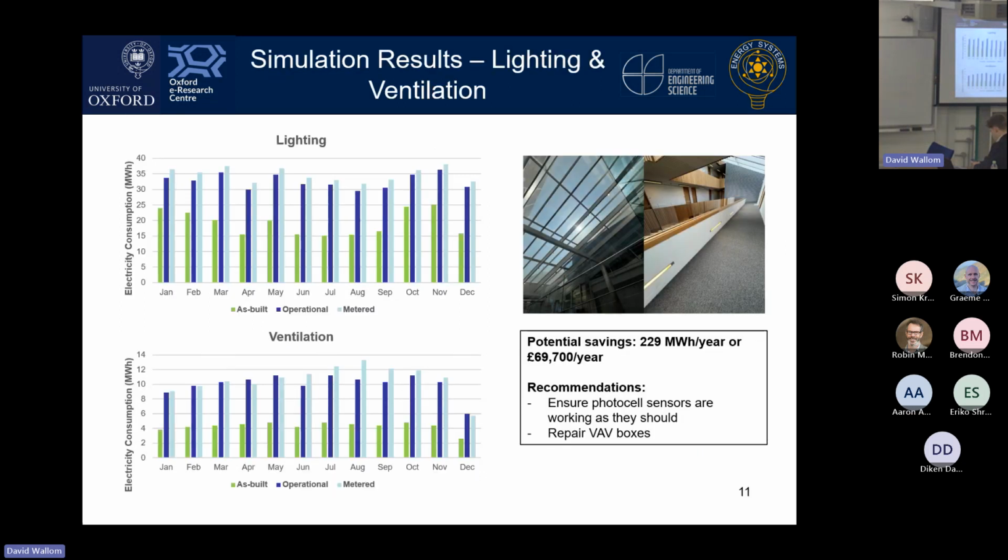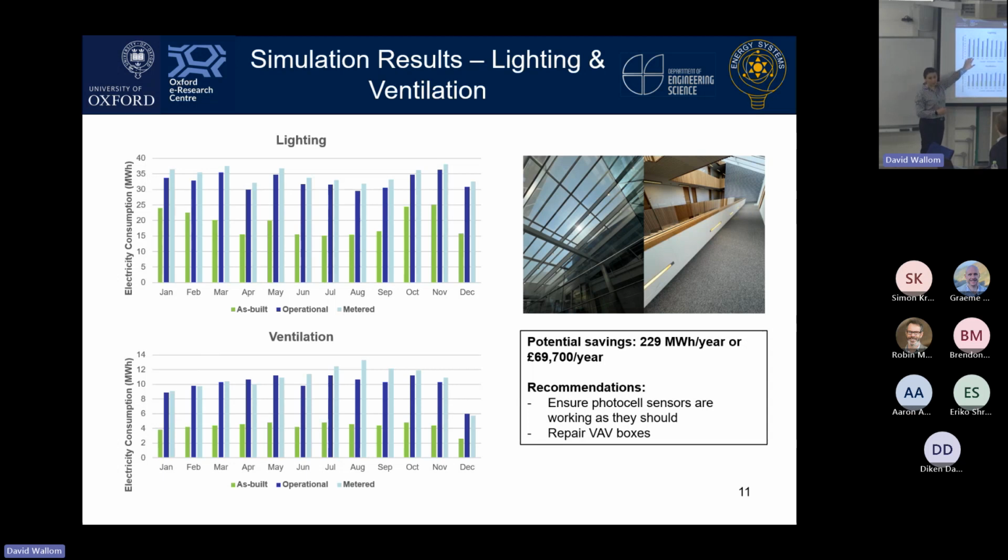So moving on to simulation results, the two main energy savings that I was able to identify from the simulations were lighting and ventilation. So on each graph, you have the simulation ran over the whole year for each month. In green, you have the results from the as-built digital twin.